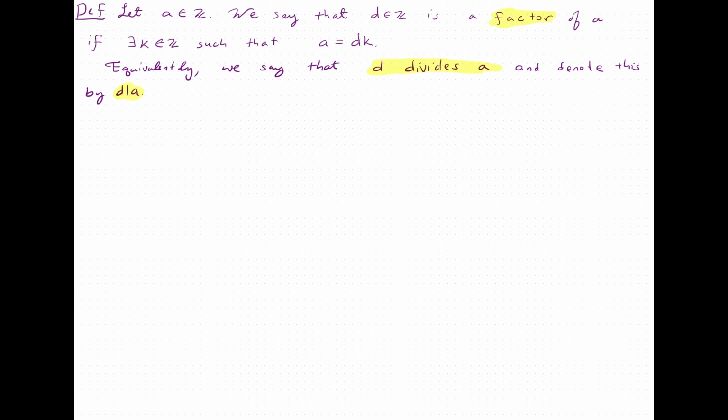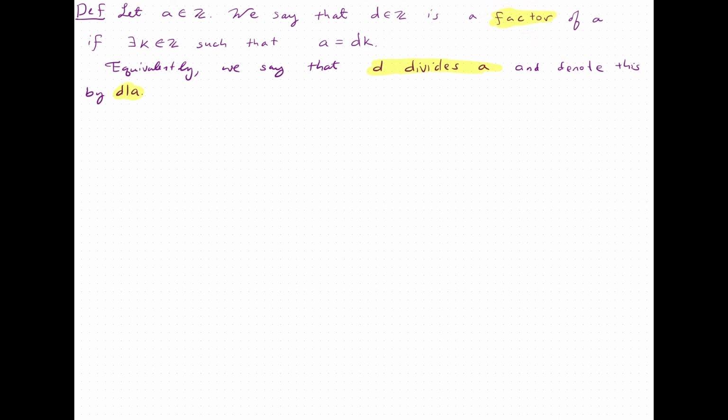So let us revisit our definition of what it means to be a factor. So we said that given an integer a, an integer d is said to be a factor of a if there is some integer k such that a is equal to d times k. Well, we can also say instead of factor, divides.